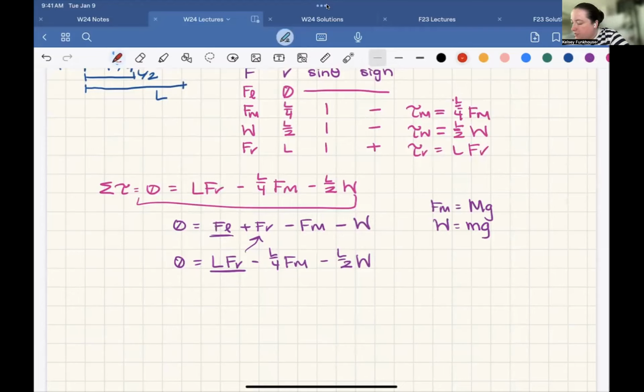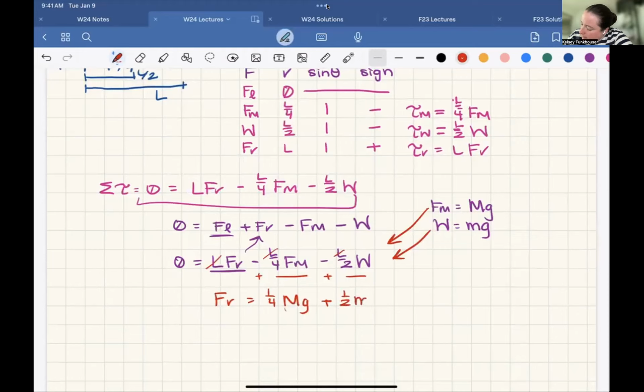First we can divide L out of all of it because it equals 0 and every term has L in it. And then we'll add these to both sides. So what we end up with is FR equals 1/4 big mg plus 1/2 little mg.